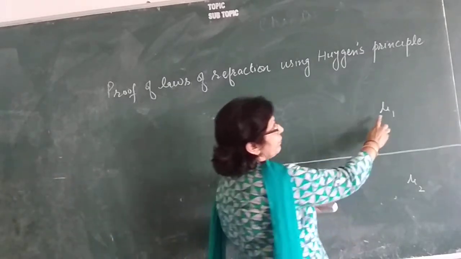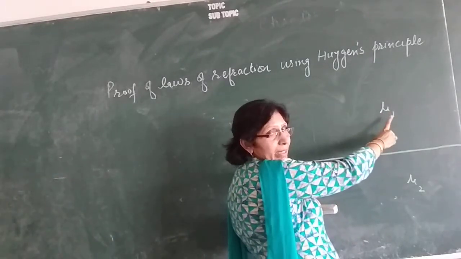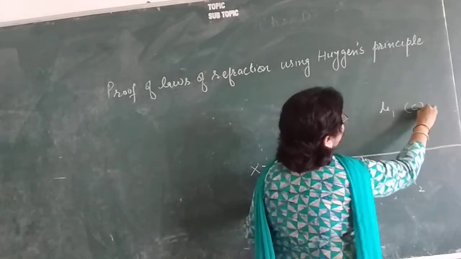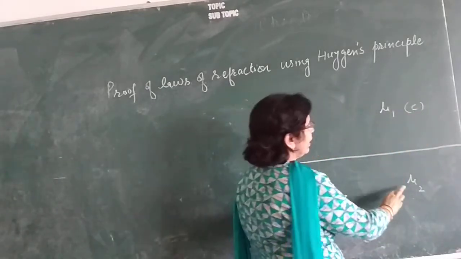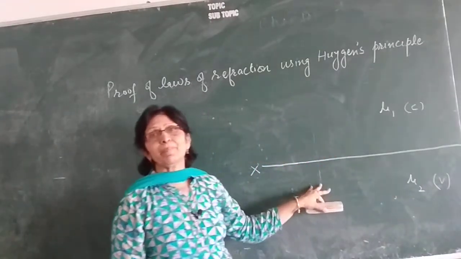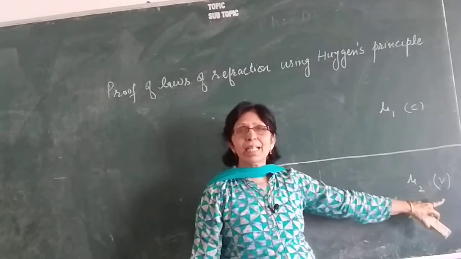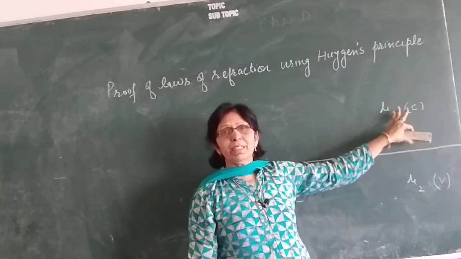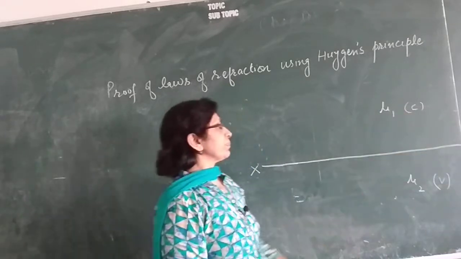In air, if the rarer medium is air, the speed of light can be taken as c, and in the denser medium I can take the speed of light as v, as the speed of light is less in the denser medium as compared to the rarer medium, that is air.